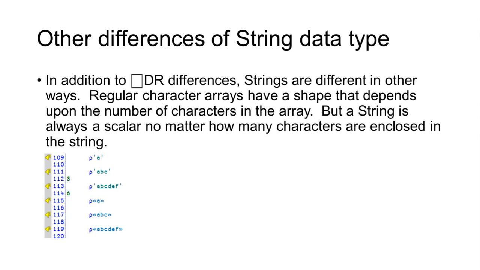The quote ABC quote is a 3-element character vector, and the quote ABCDEF is a 6-element character vector. But on lines 115, 117, and 119, we look at the shape of chevron string A or ABC or ABCDEF, and the shape is always a scalar, no matter how many characters are enclosed in it.